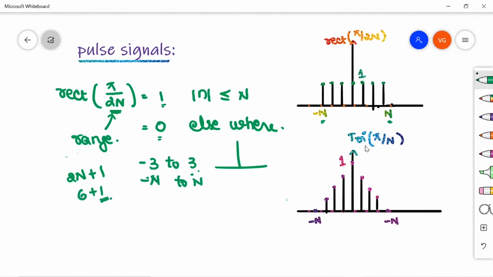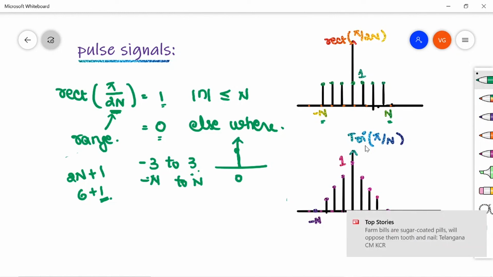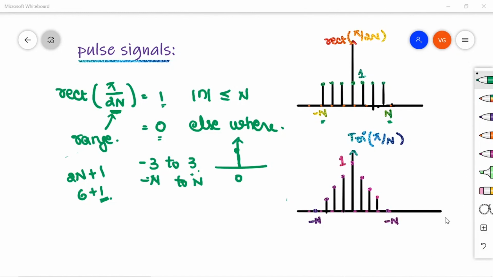This 1 pulse is at n equal to 0. So you have an amplitude of 1 at 1, 2, 3, and similarly at -1, -2, -3. Elsewhere you have 0. This type of pulse we call a rectangular pulse.